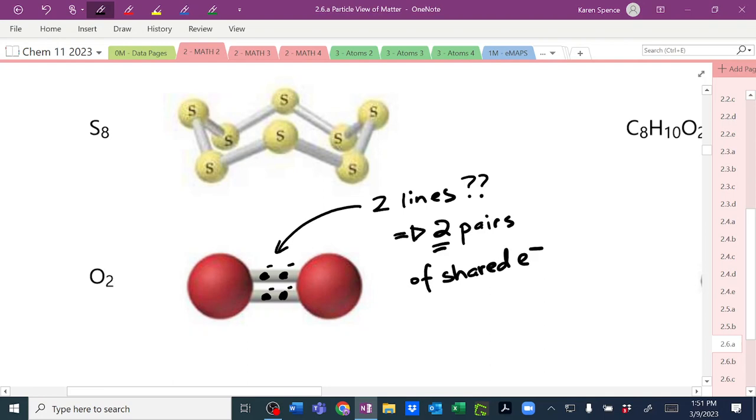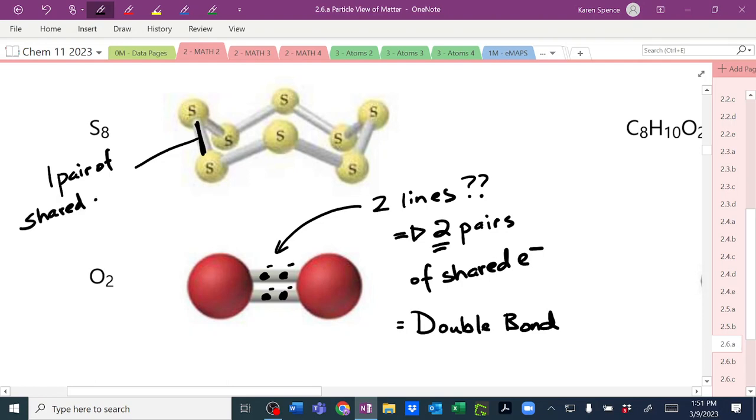And we call that a double bond. Have you heard of a double bond before? I don't know if you do that in grade 10 at all. Yeah? At least some of you have. And if you only have 1 pair of shared electrons, that is called a single bond.